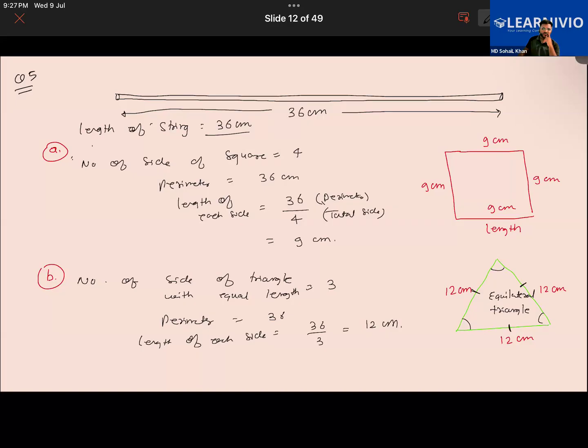I wrote it like before sides. It should be understood by everyone that you have to write down the solutions. Can you send a photo? Okay, I'll be sharing, one minute. I have shared it in the chat box.